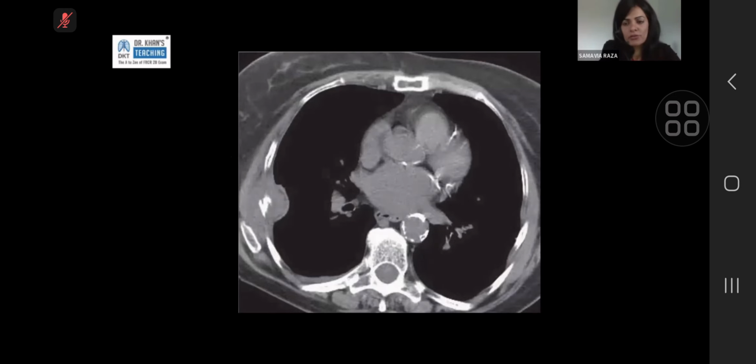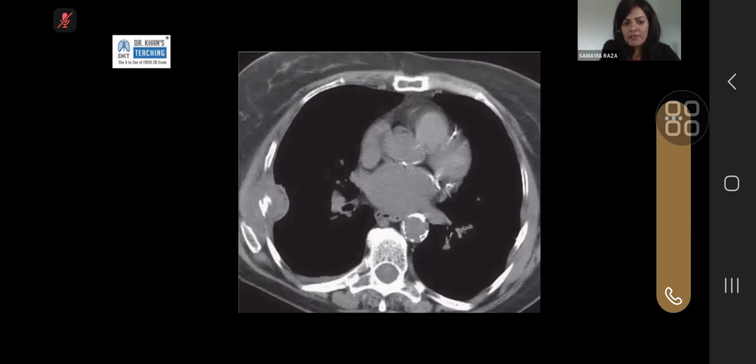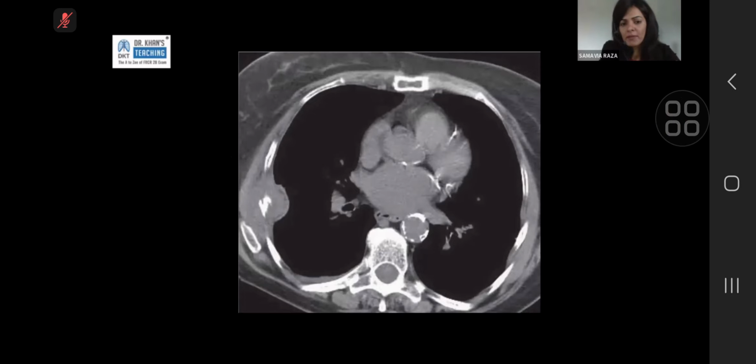This is just to trick you guys a bit and see if you remember a certain point I told you a little while earlier. So this is a lesion or pathology centered on the rib. Give me a few differentials for this, and tell me if you favor one over the other. 30 seconds.